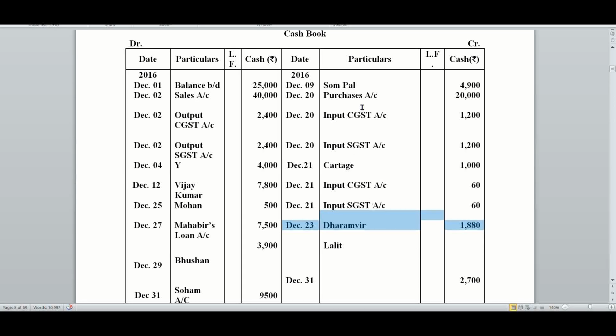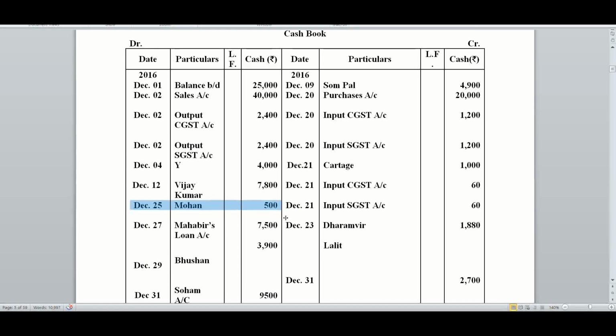So we are getting money from Mohan, cash account debit to Mohan. This is on 25th December. Cash account debit, go to the cash book debit side and write Mohan 500.